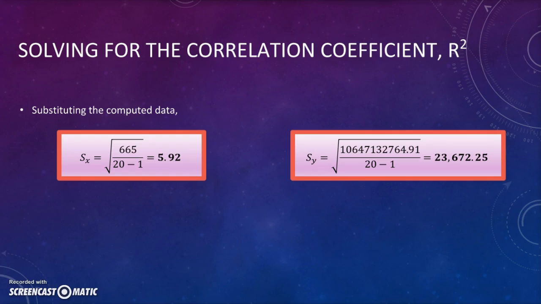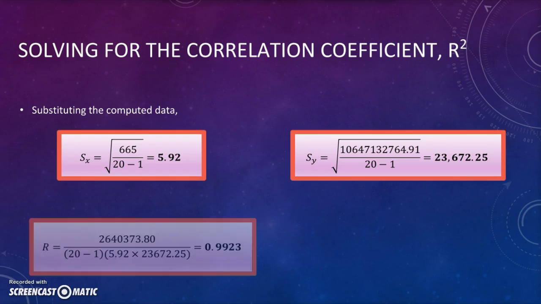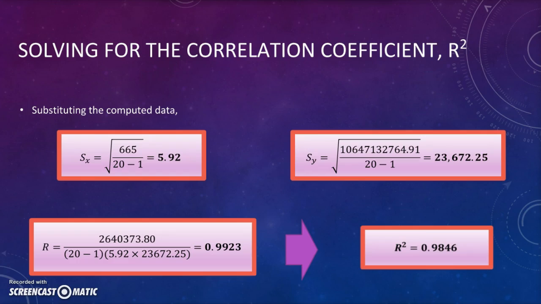From that, we can now solve for the correlation coefficient R, which is 0.9923. And squaring that value, we get the coefficient of determination R square, which is 0.9846.